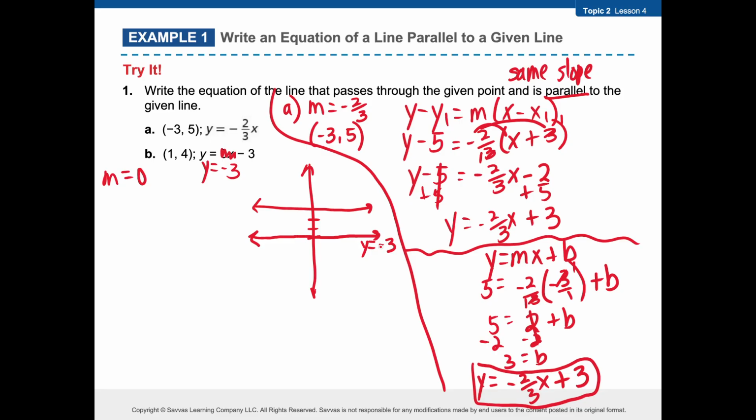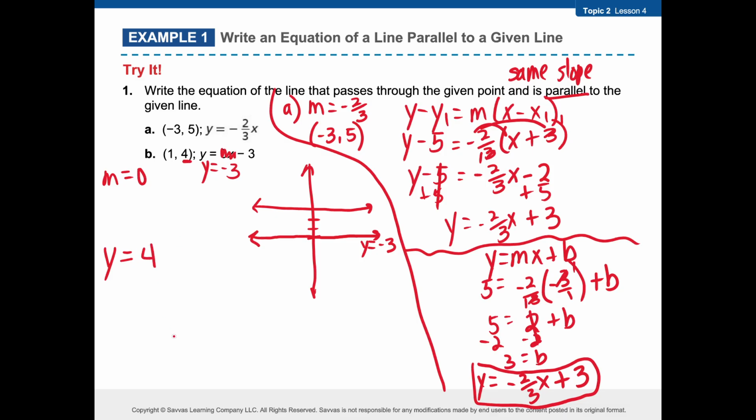So in order for me to have another parallel line to this one, it would also need to be another horizontal line. So my new equation would just be y equals the y coordinate of the ordered pair that they're giving you.